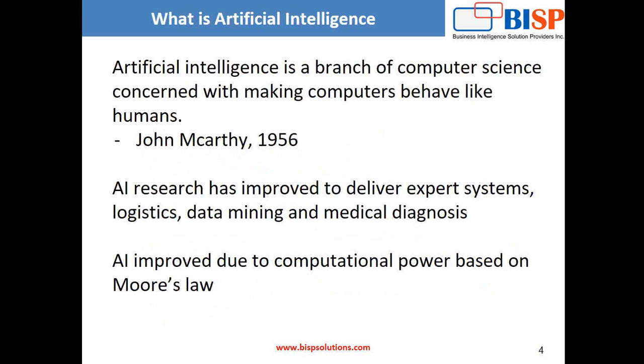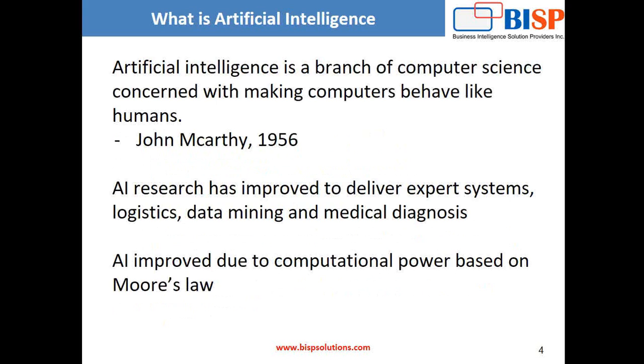Before artificial intelligence in the current form, research over a period of time improved to deliver expert systems, logistics, data mining, and medical diagnosis before true artificial intelligence emerged.